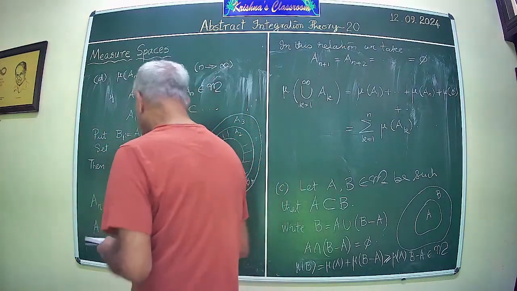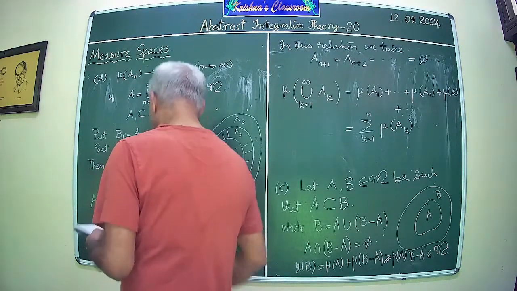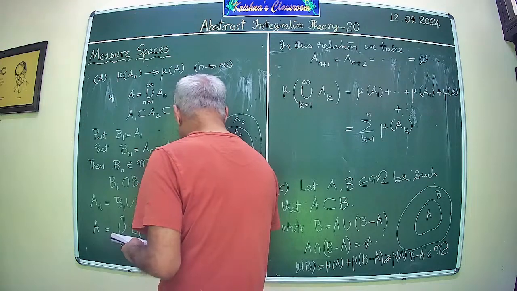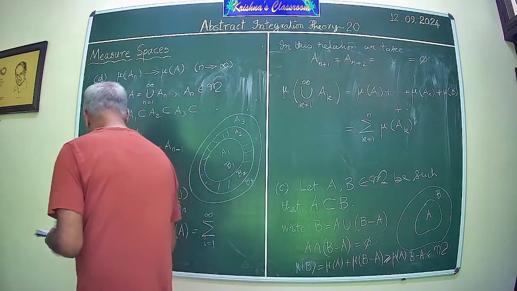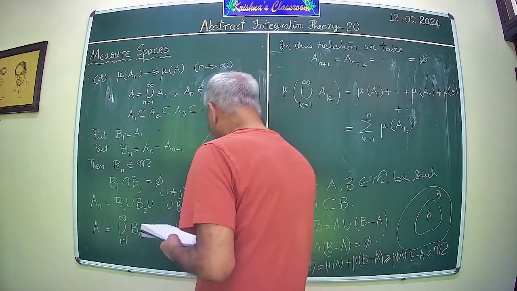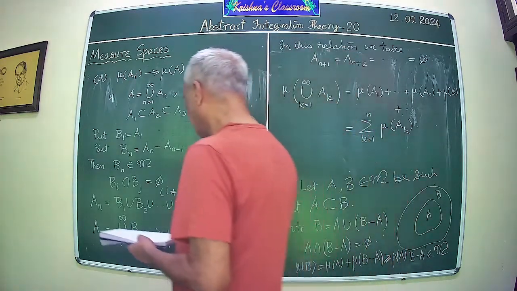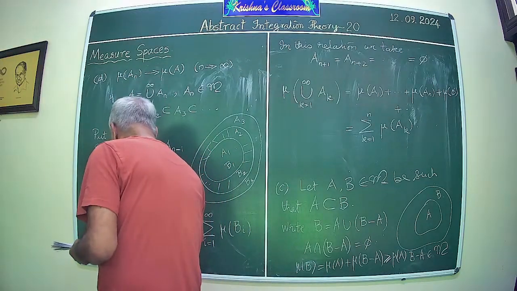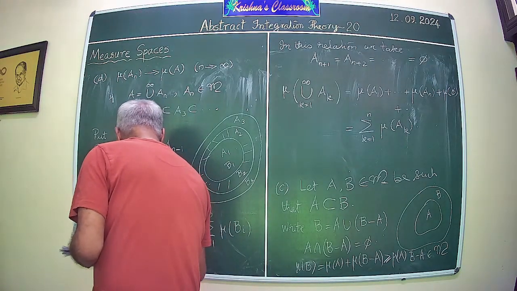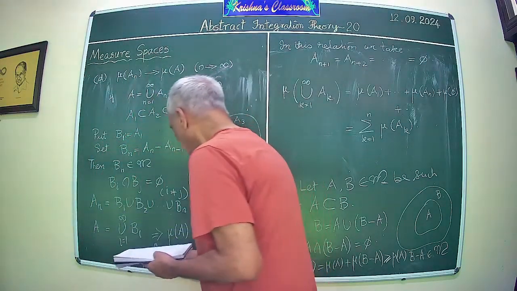Therefore, what do you have? Which implies mu of A is the sum from i equal to 1 to infinity of mu of Bi. And what about mu of An? Yes, mu of Bi.